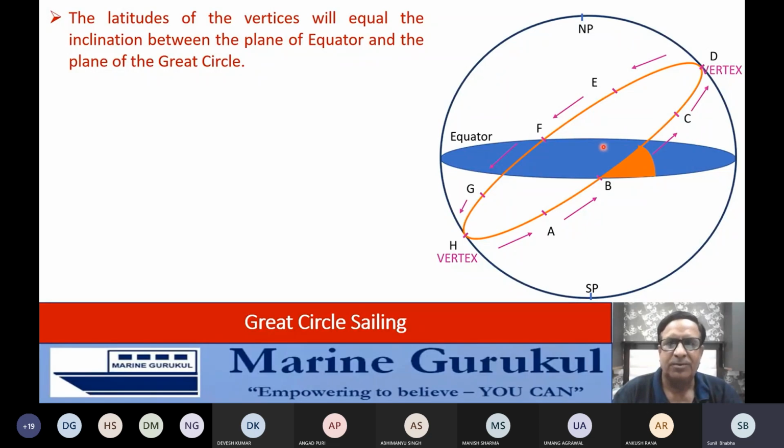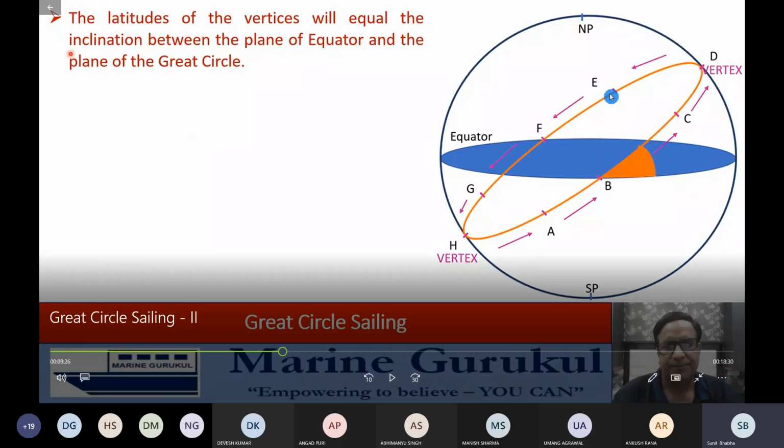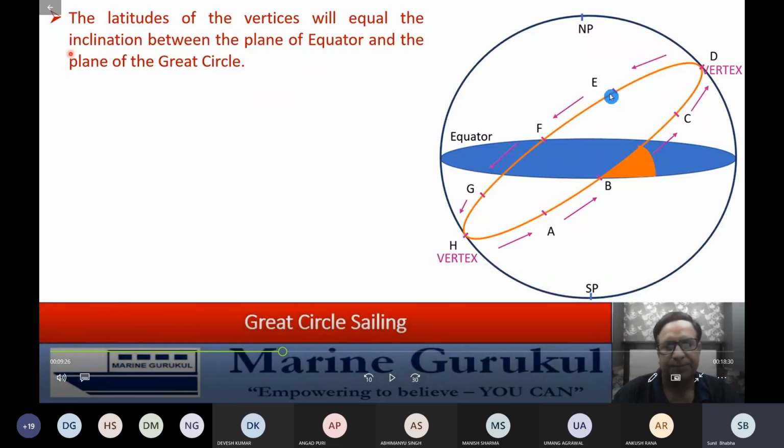And we all know that the angle subtended by a point on the surface of the earth with the plane of equator at the center of the earth represents its latitude. Therefore, this angle of inclination becomes the latitude of the vertex. So were you able to understand this point, Beta?